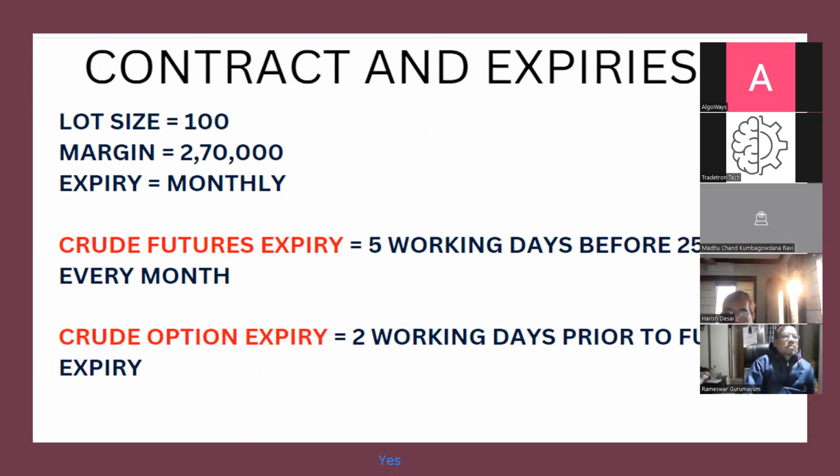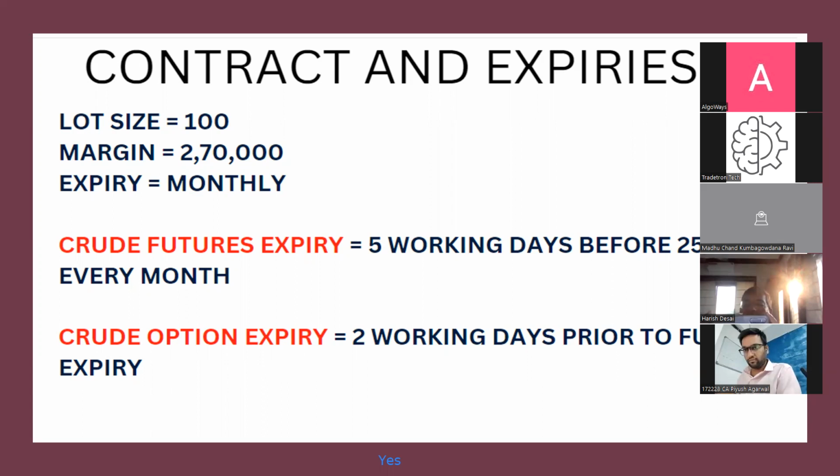Now, the expiry is a very critical point to discuss. In NSE, we have expiry fixed on the last Thursday of the month. It is not so in crude oil. There are two expiries in crude oil. One is the future expiry, the other is the options expiry.